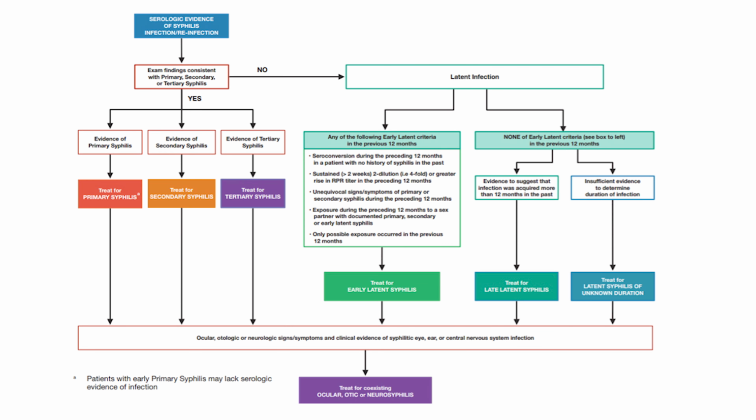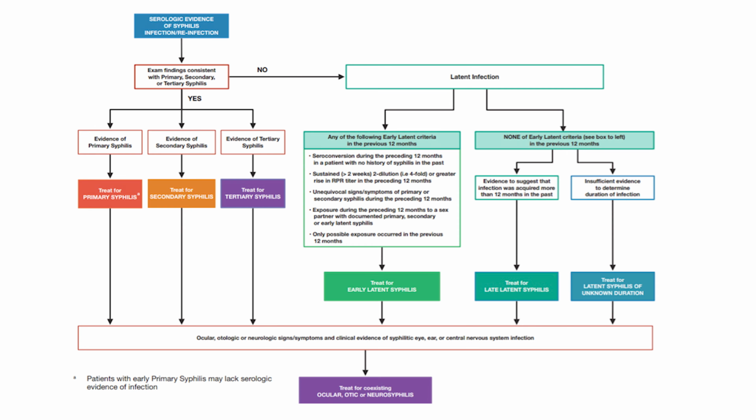Now, if a person is asymptomatic and has a positive syphilis test result today, but we don't have any prior information about a negative test, then we'd stage this as latent syphilis of unknown duration, meaning this person is asymptomatic and we have no prior records of a negative syphilis test. And so it's not clear when the infection may have occurred.